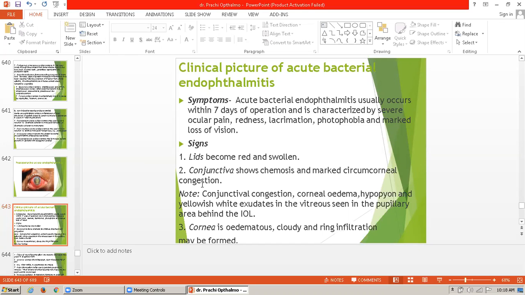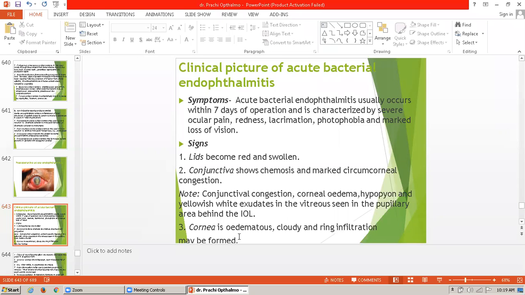Note the conjunctival congestion, corneal edema, hypopyon, and yellowish white exudate in the vitreous seen in the pupillary area behind the IOL.